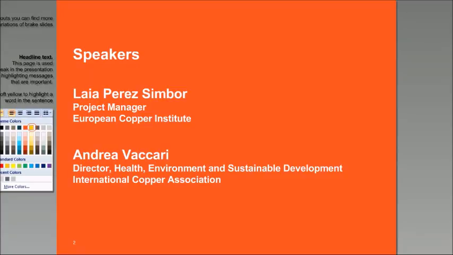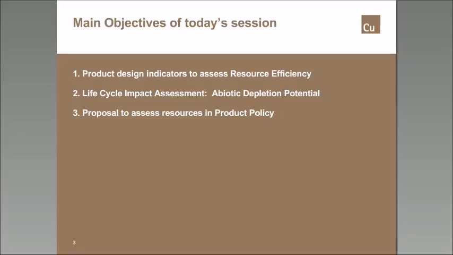And just to start, I would like to explain the objectives of today's session. First, we will introduce what those indicators in product design are that assess resource efficiency. Then we will explain whether abiotic depletion potential could be one of those indicators.